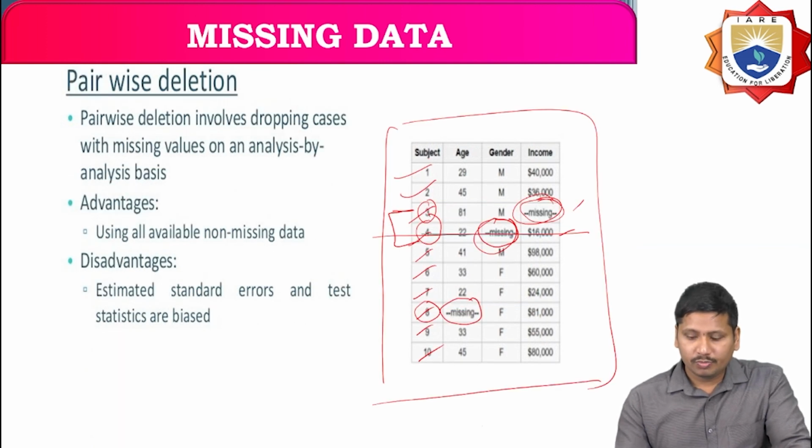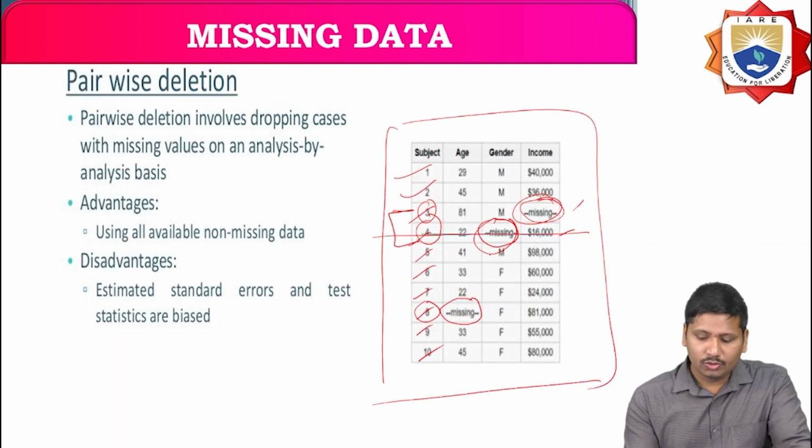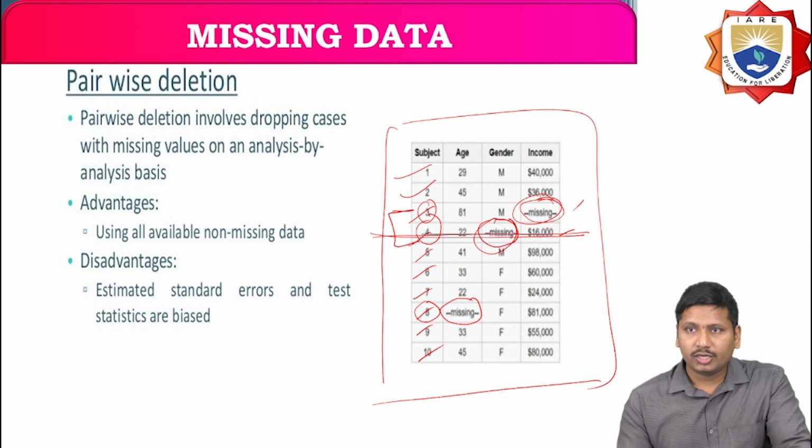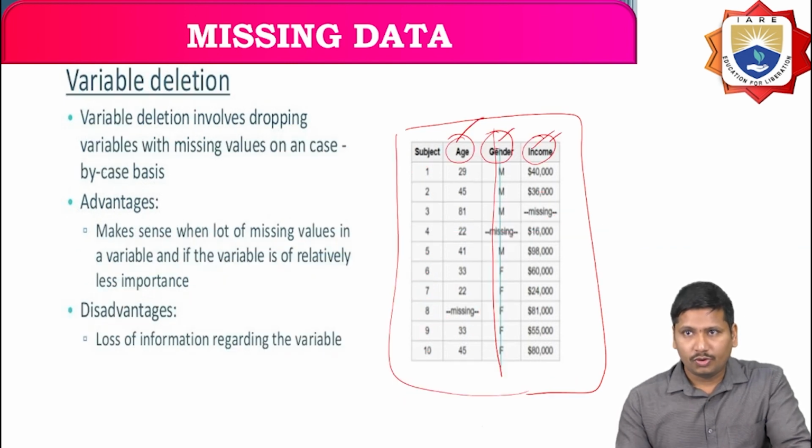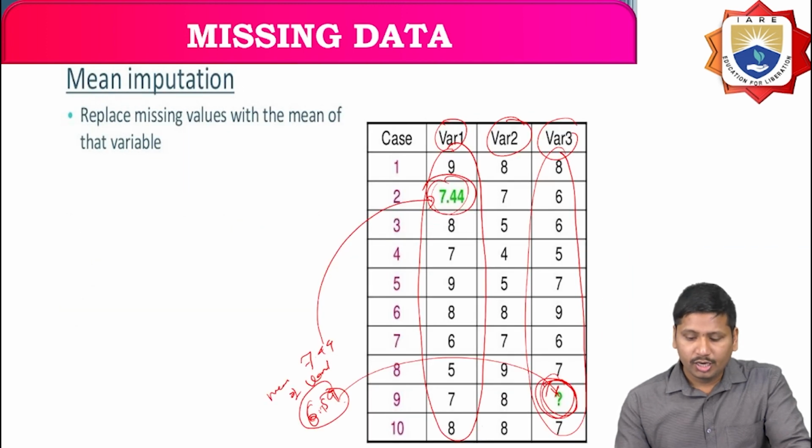And pairwise deletion means whenever I get missing values simultaneously or adjacently, we simply delete that missing row. And variable deletion means the variable is deleted based on its importance. Whether the variable has less or more importance, we identify according to the application. If the variable has low importance, that variable is deleted.